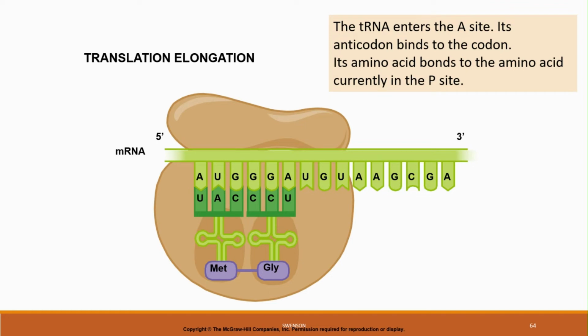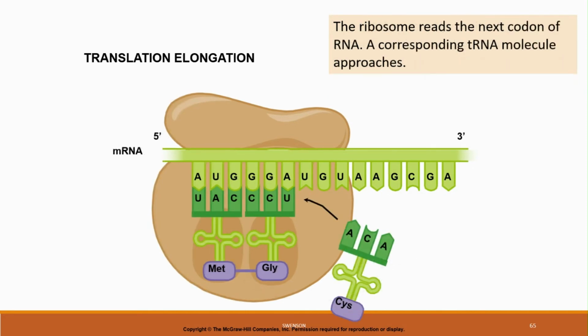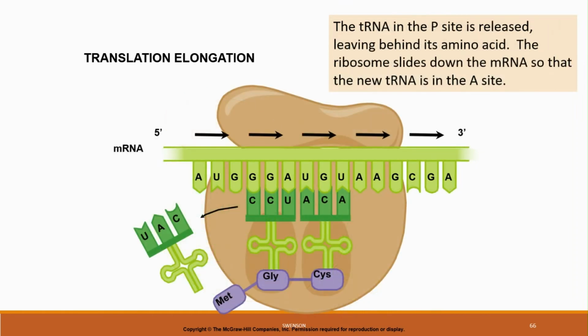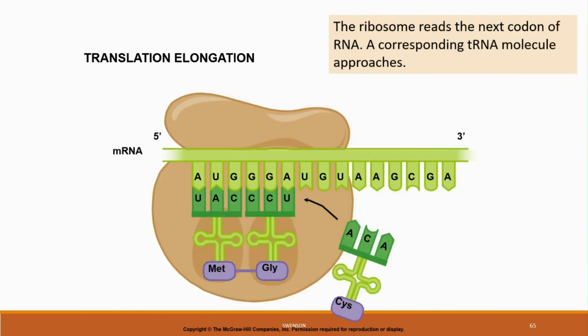The anticodon matches the mRNA codon, so a new amine to carboxylic acid bond forms between methionine and glycine. Then glycine will be passed to the P site, squeezing the methionine out, and the ribosome moves down the mRNA to the next codon.